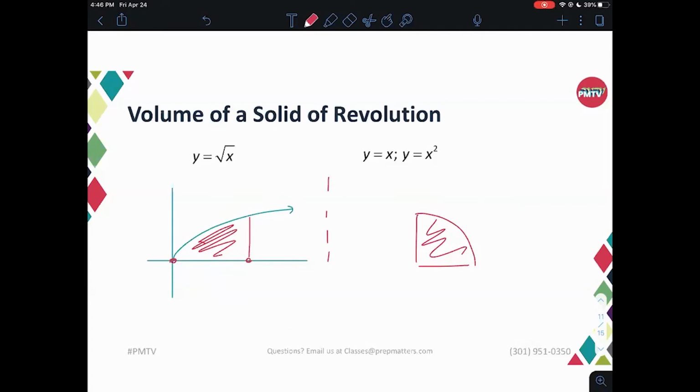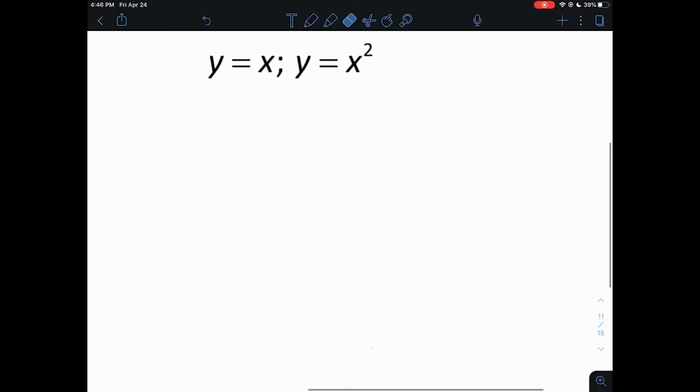But whatever we are starting with, whatever function we have, we need to know a lot of other pieces. We need to know bounds. We need to know what we are rotating around, because that influences how we think through that disk and washer formula. So I'm going to take the more complicated one to just think through that very quickly.